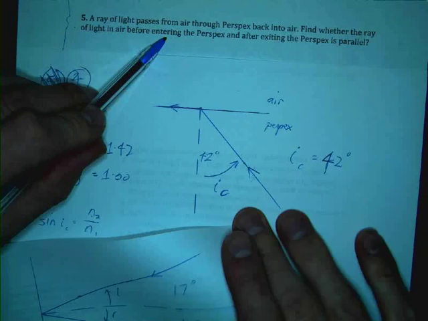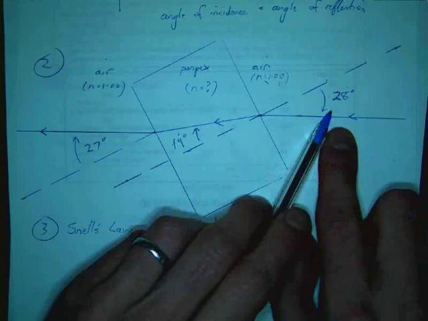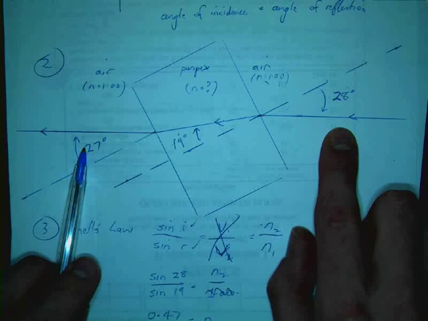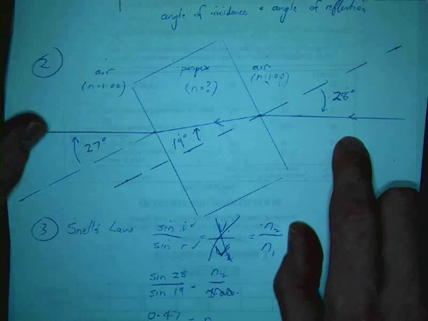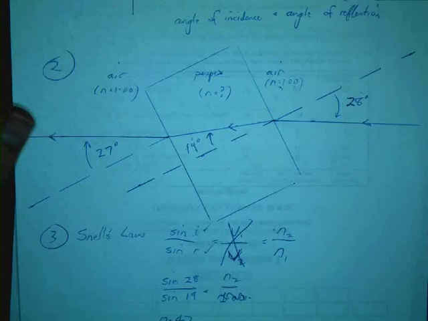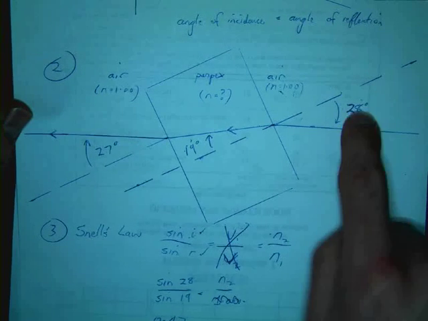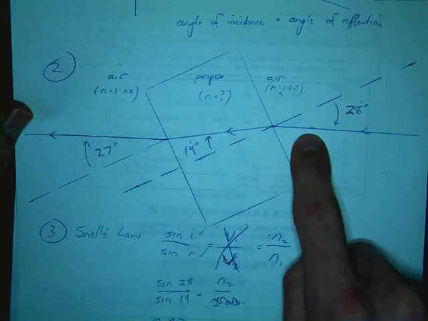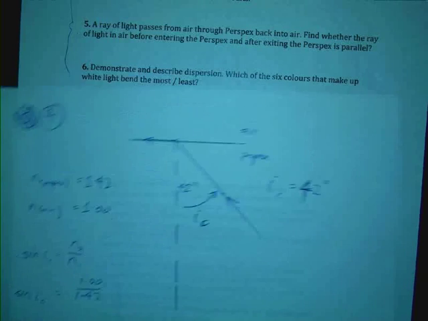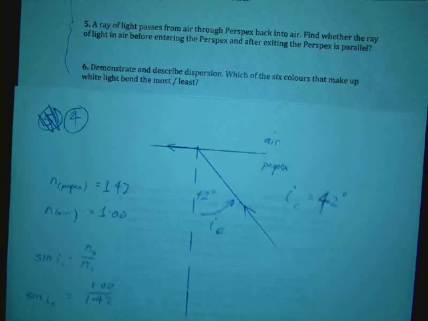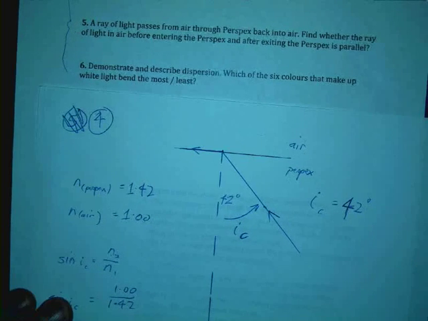That the ray of light in the air before entering the perspex and after exiting the perspex is parallel. 28 degrees to the normal, 27, we're happy with that. That's close enough to being parallel. If my measurement's more accurate, I'm sure these would be the same. Alright, moving along to the last one, number 6.